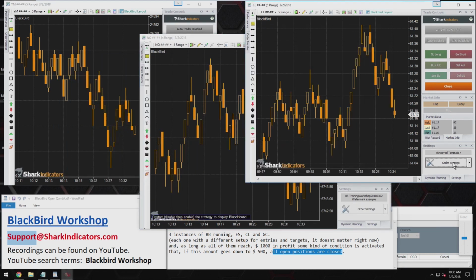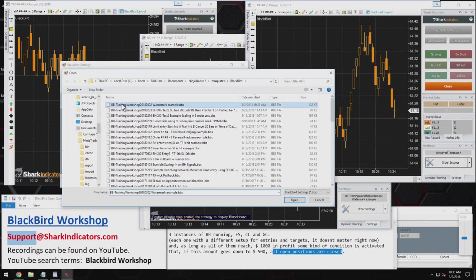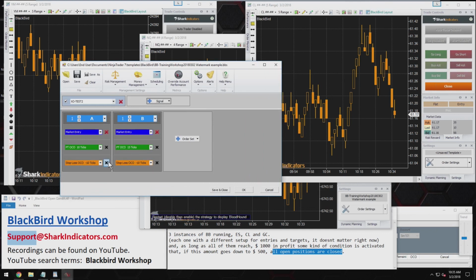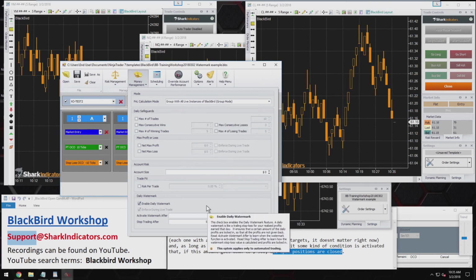And let's get this last Blackbird set up. All right, so let's double check the money management rules here. So it's in group mode, and our watermark activates at $800, and it's 50% of the daily net profit.